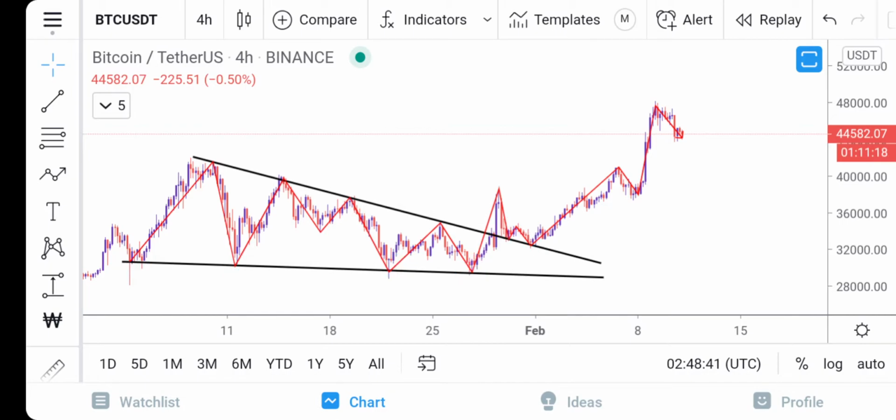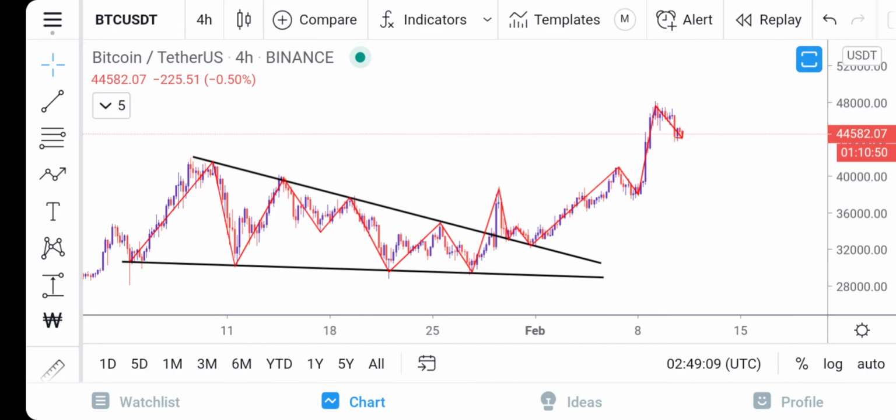If you want to sell, these are the areas you should be looking at to sell: 1, 2, 3, 4. Because it's not advisable to sell breakouts. These are the areas you can sell, but once it breaks out, you stop selling and you look out for buying opportunities.